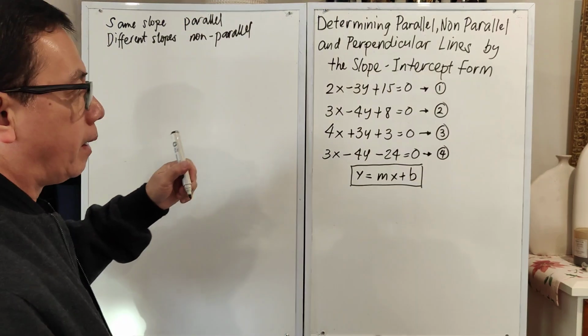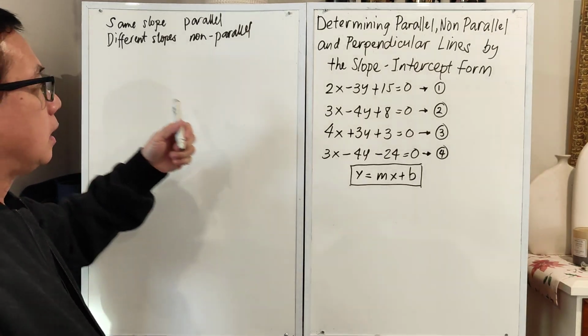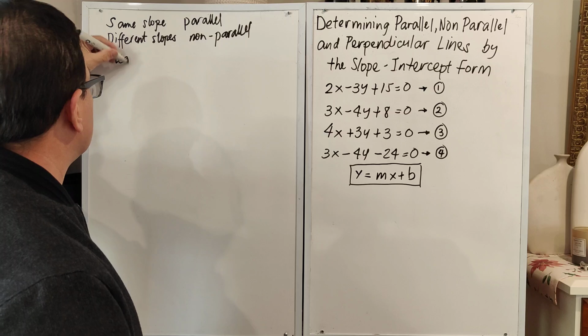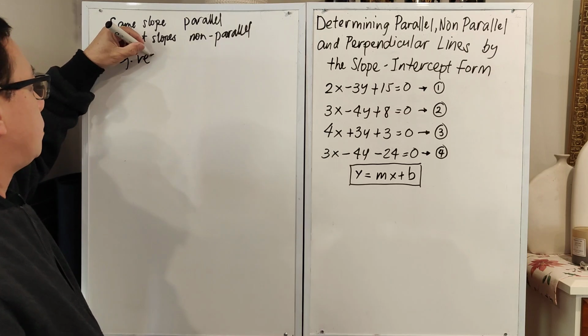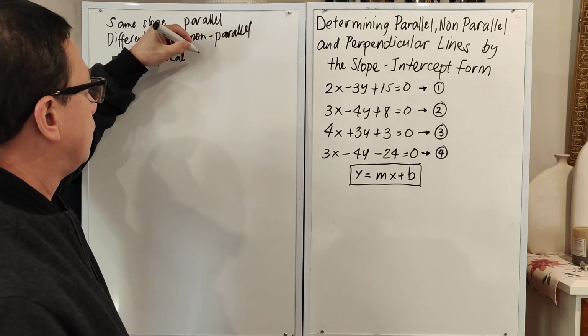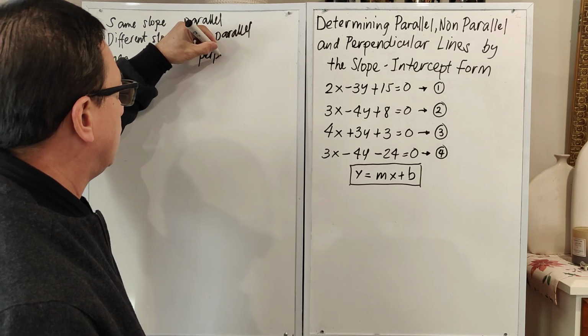If the slope of one line is the negative reciprocal of the other line, so if it's a negative reciprocal, the lines are perpendicular.